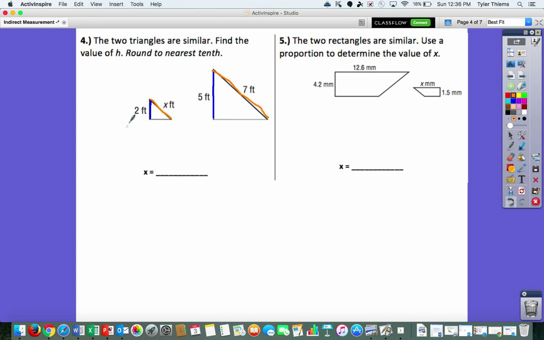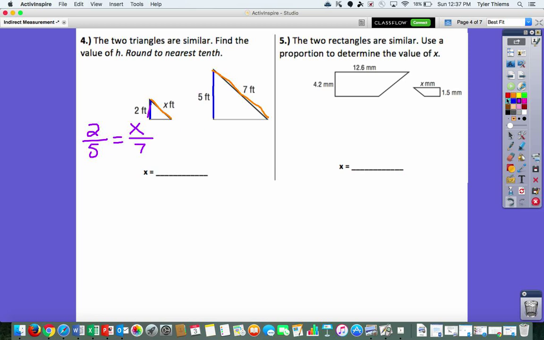So to set this up, we'll put the small triangle over the big triangle, and there's a lot of different ways you can set this type of problem up, but I'll go ahead and for ours do 2/5, because 2 and 5 correspond, and that's going to be equal to the other side, x/7.